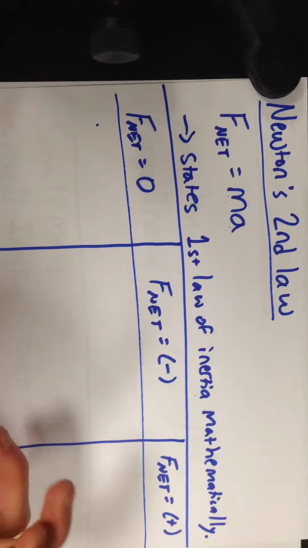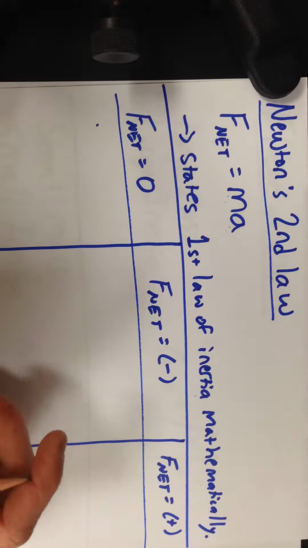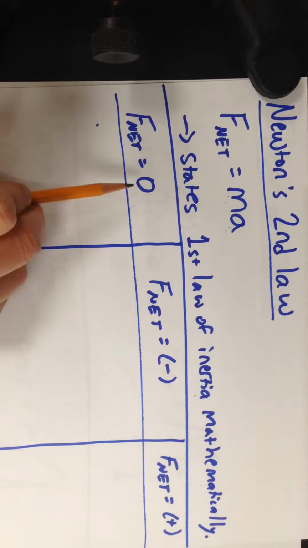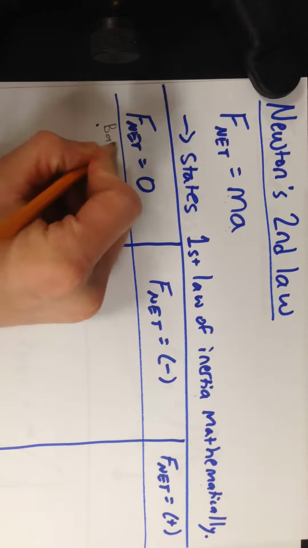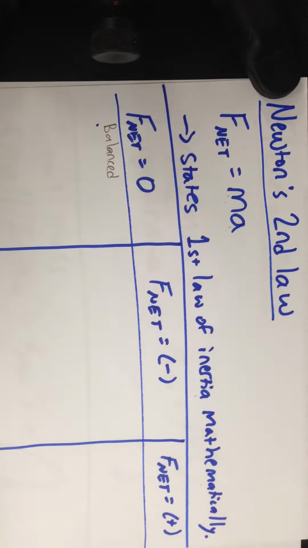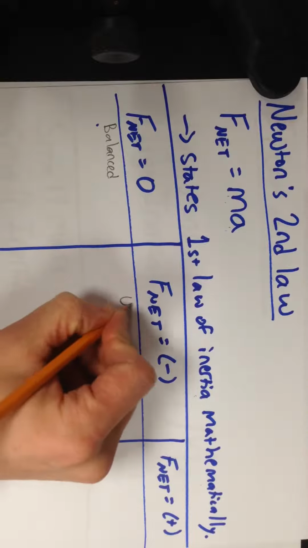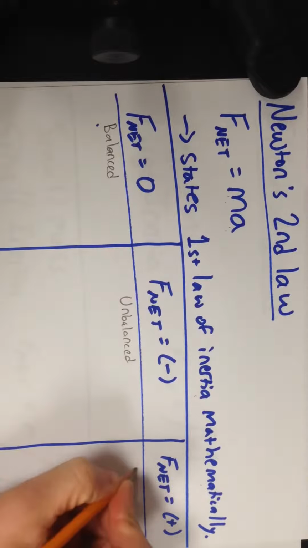Alright, so let's think about how Newton's second law works with net forces that are equal to zero, or balanced, and with net forces that are negative, that are unbalanced, and positive, that is also unbalanced.